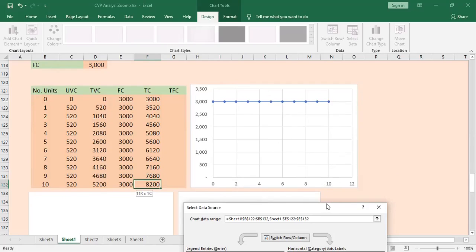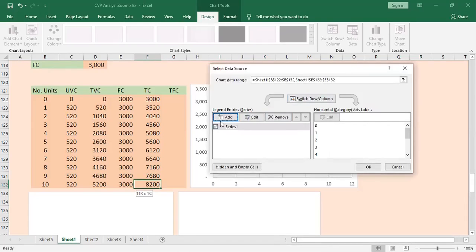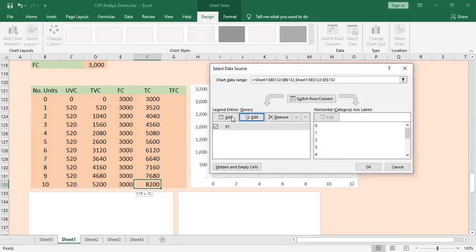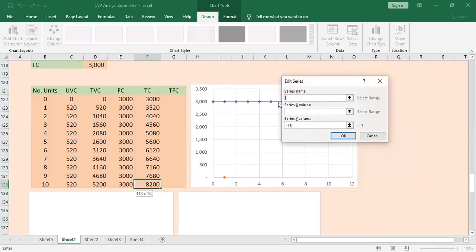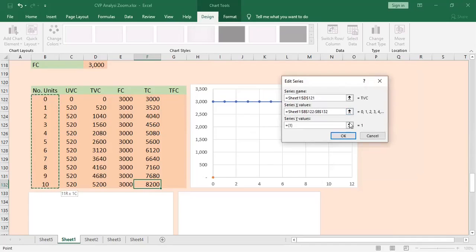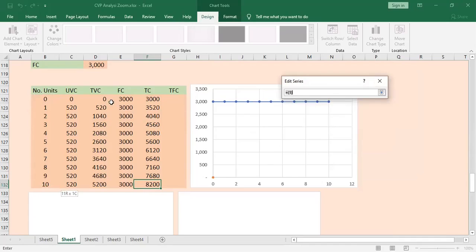And let me put total variable cost here. This is fixed cost. And then I am going to add another one, that is total variable cost. So the x-axis would be the number of units and y is the total variable cost.